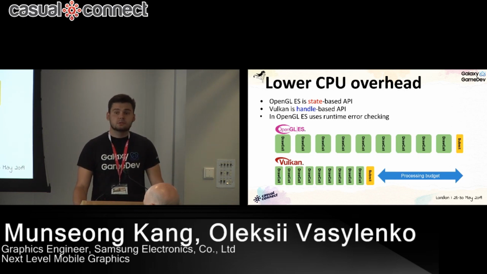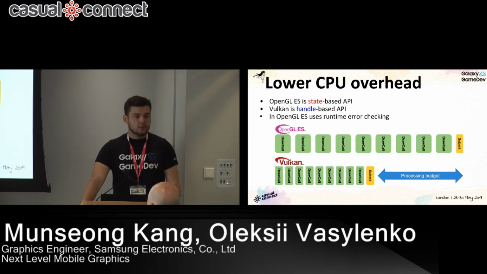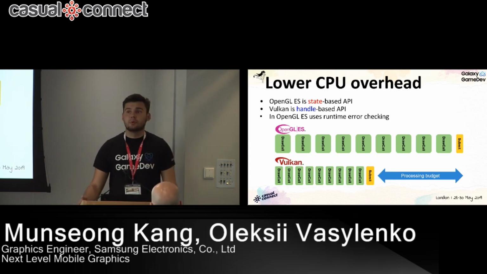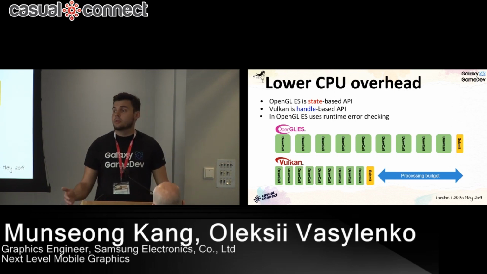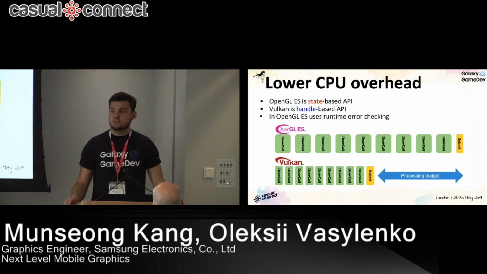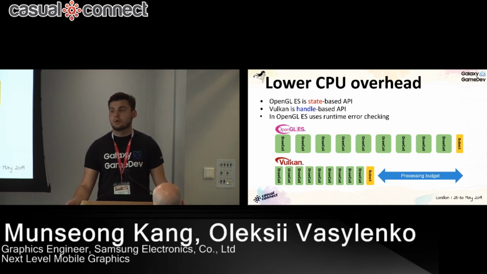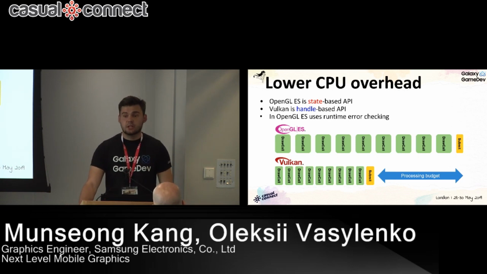Vulkan instead uses handle-based states known as descriptors, allowing the application to prepackage all used states ahead of time. Compiled pipelines combine all relevant states, and this allows shader-based optimizations to be applied more predictably and at lower runtime cost. This helps to significantly reduce CPU overhead.